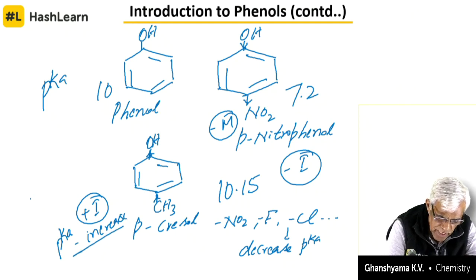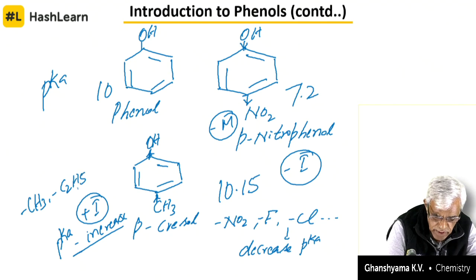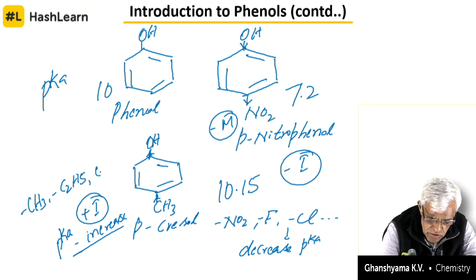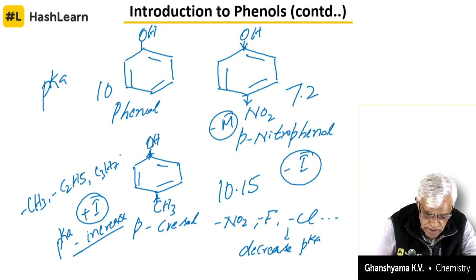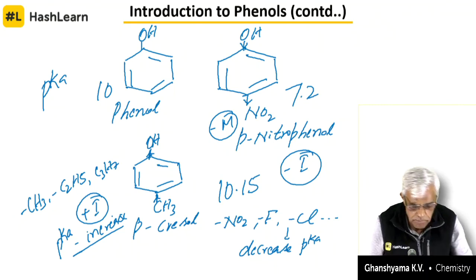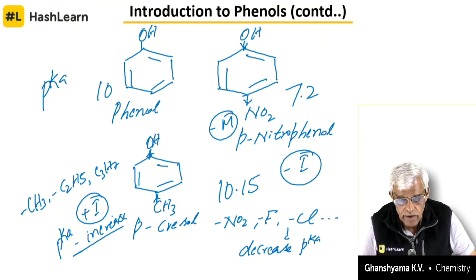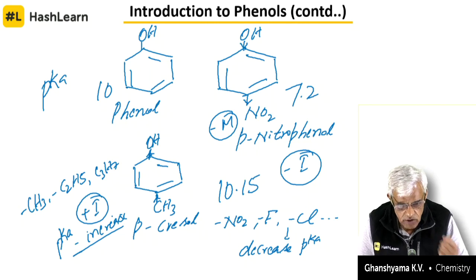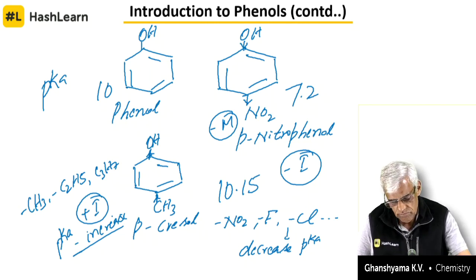So, groups like CH3, C2H5, then C3H7, etc. will increase the pKa value, hence the acidity of phenol decreases.